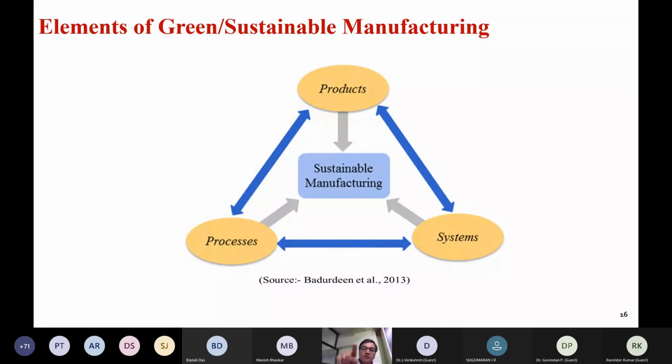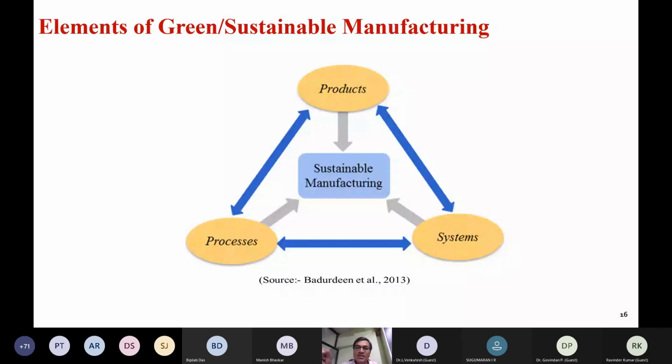collaboratively. They should focus on their products and processes. Processes also include the machines you are using. You should think about how much energy they are using. You might have seen nowadays energy consumption ratings on the machines. All these things should be considered in an integrated way so that you can achieve it. If you focus on only one aspect, you will not be able to achieve sustainability.